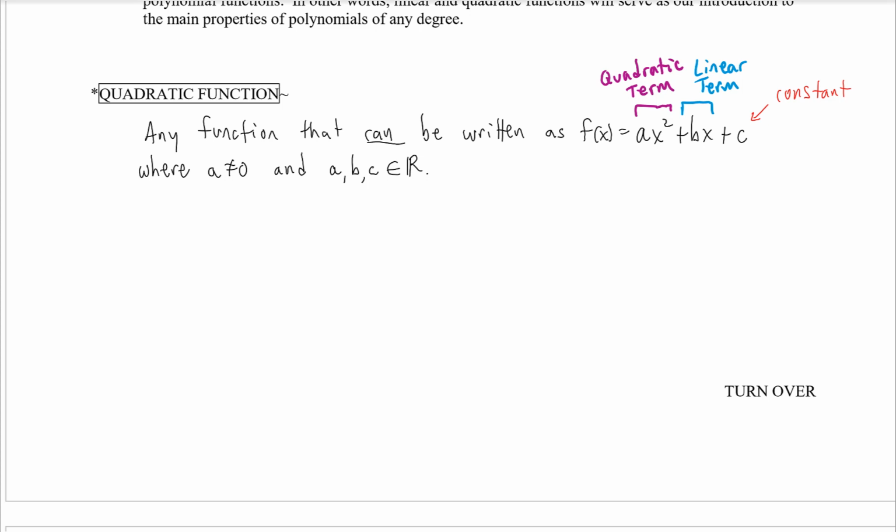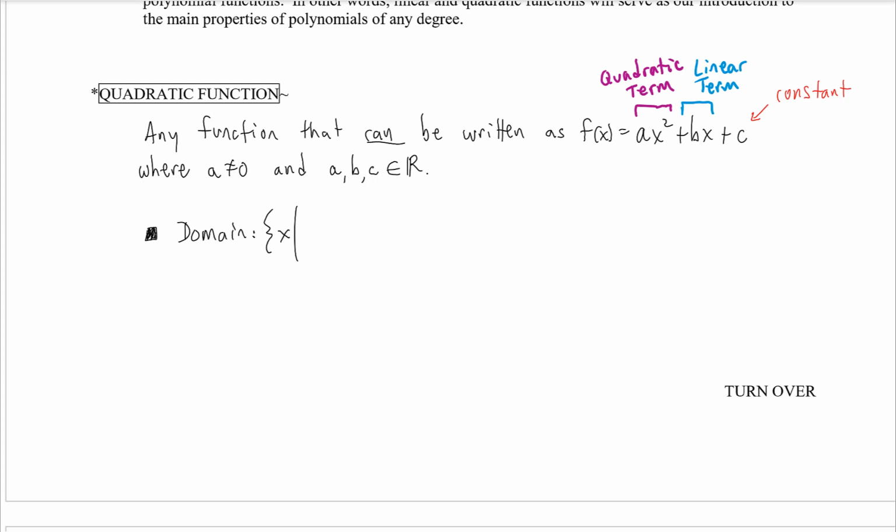A couple important pieces here. The domain, right? Anytime we have a new function, we should know what the domain is, what values of x will return a real value back out for y. So if you look at the function, all you're doing is squaring x, multiplying it by a, multiplying x by b, and then adding some real numbers together. So nothing in there is going to prevent us from getting a real value back out.